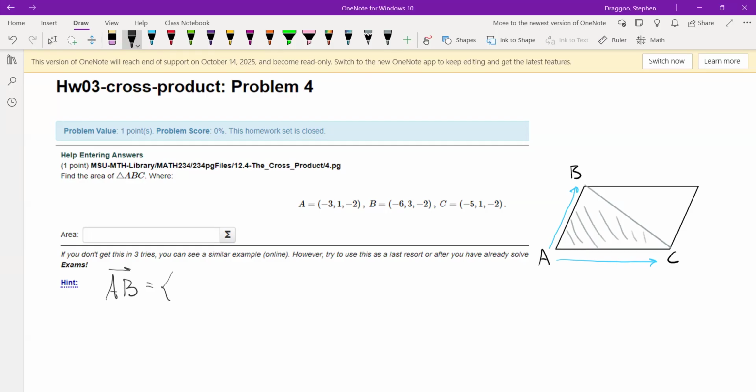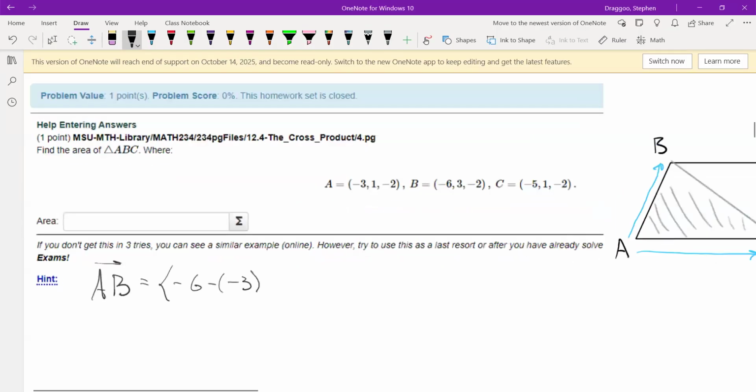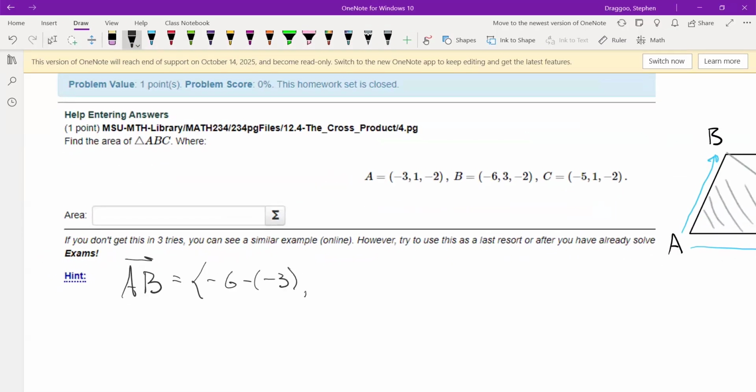So, AB should be B minus A, so -6 minus -3. And then I've got 3 minus 1 and -2 minus -2. Which I'll simplify to (-3, 2, 0).